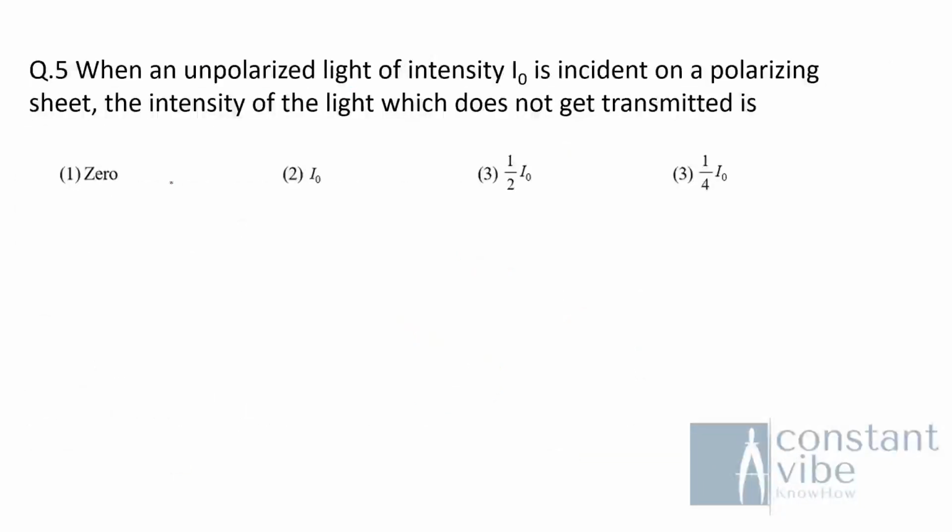Question number 5. When an unpolarized light of intensity I0 is incident on a polarizing sheet, the intensity of the light which does not get transmitted is.